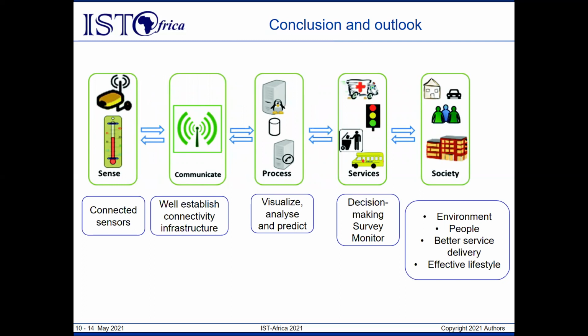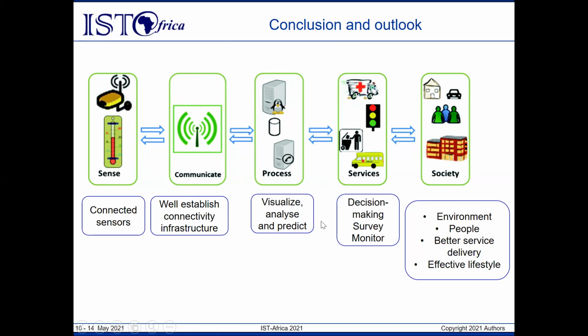If ever there is a chance to be in a space or in any domain with connected sensors that can potentially generate data in a well-established communication, it means that we can visualize, to see what is happening with those devices. And because we'll be informed, we can make those decisions.